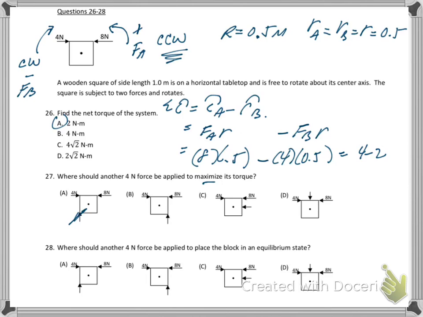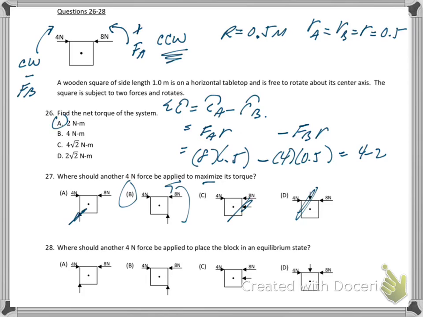That's not good. B is counterclockwise. That's good. Let's hold off on that. C is directed toward the line connecting to the axis. That's not going to help us, as is D. So B would be our best bet. That's going to help us rotate additionally in the counterclockwise direction.